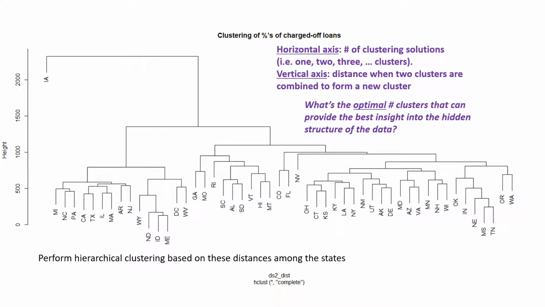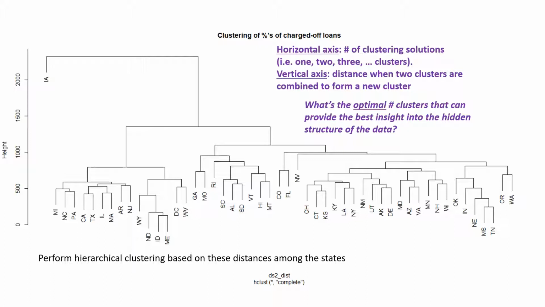And after that, we can proceed to do spatial-temporal clustering of the percentages of charge-off loans in different states. And once again, the horizontal axis of this dendrogram represents the number of clustering solutions. This can be either 1 cluster, 2 clusters, or even up to 51 clusters because we have 51 states.